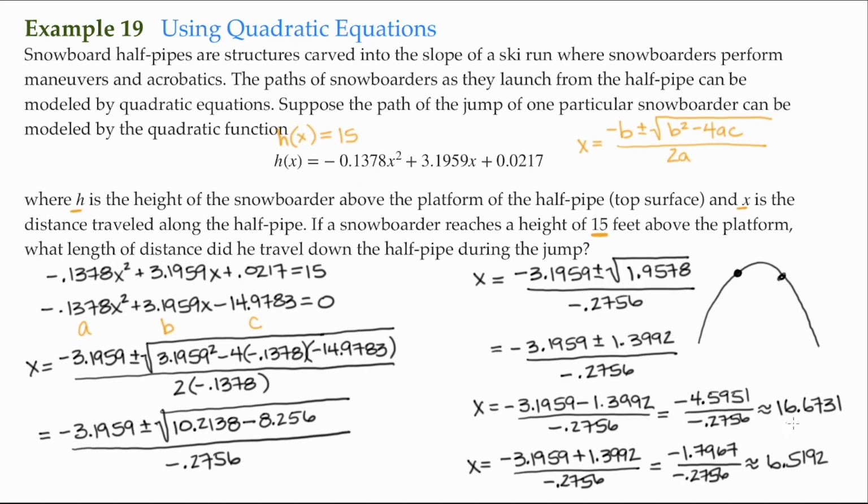So that's why we have two distances here. At one point, he reaches one distance, and at another point, he reaches another distance. So the solution, at how far does he go down the half pipe by the time he reaches 15 feet in the air? Well, he hits 6.5192 feet, and then 16.6731 feet. And there we go.